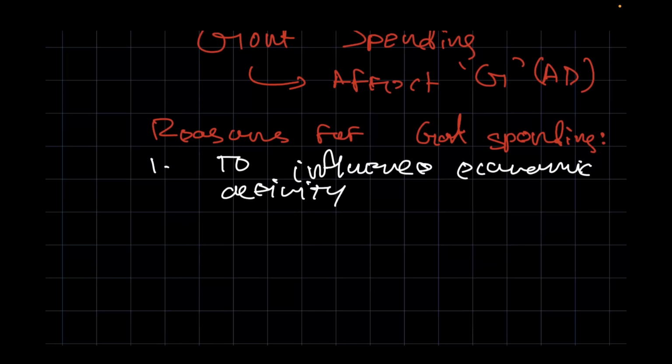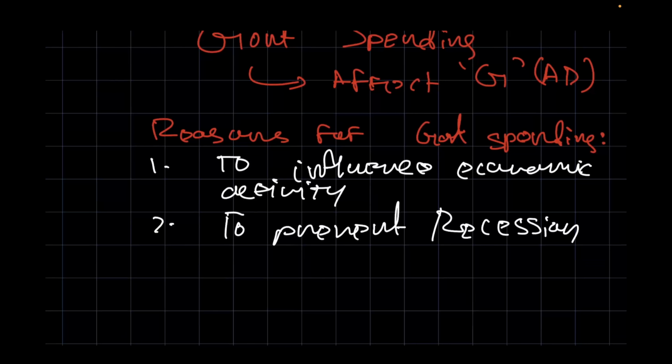So that's your first reason. Number two, it could be to prevent recessions. It could be to reduce the extent of market failure, which we discussed again in micro.